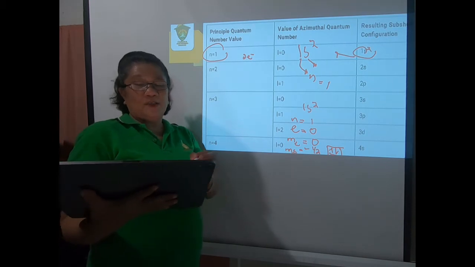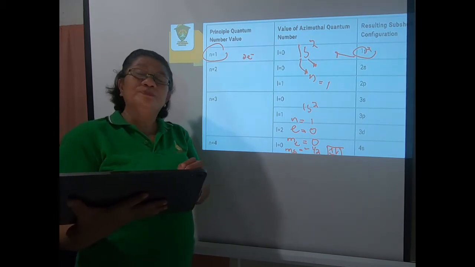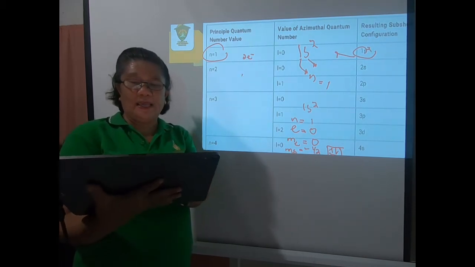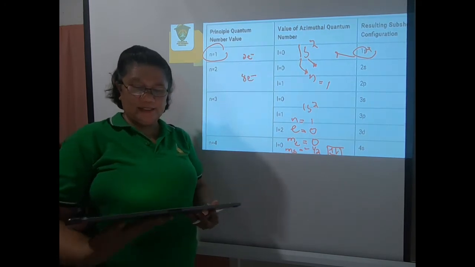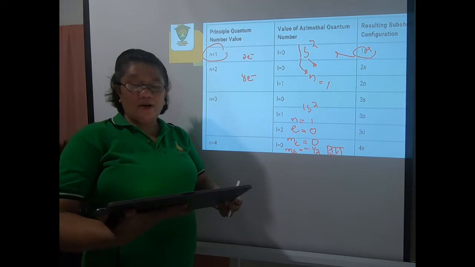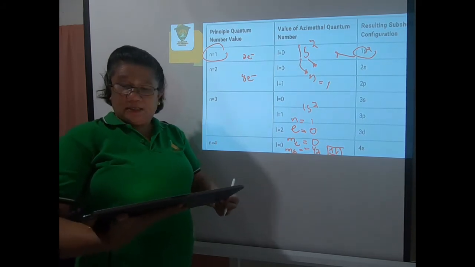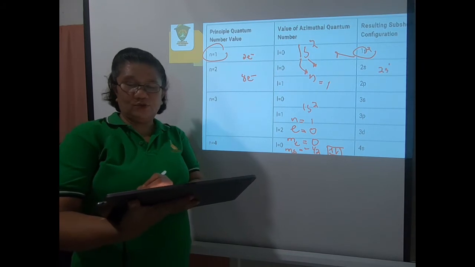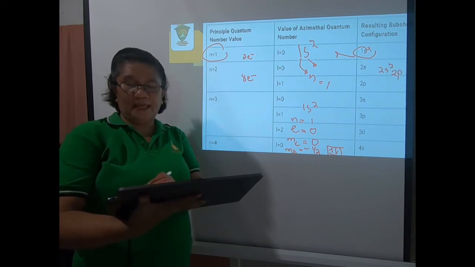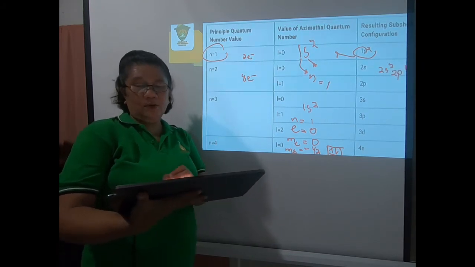You get it? So, when n is equal to 2, how many electrons? There will be 8 electrons. In these 8 electrons, what are the values of your electronic configuration? That will be 2s2 and 2p6. Take a look, count it out.